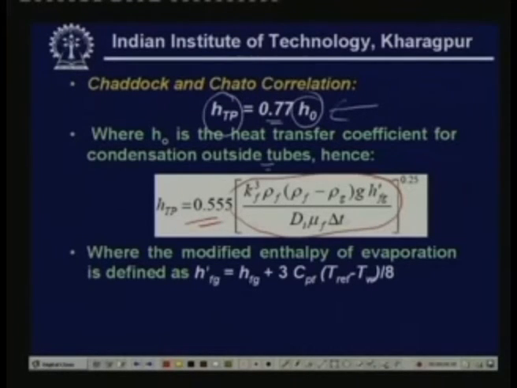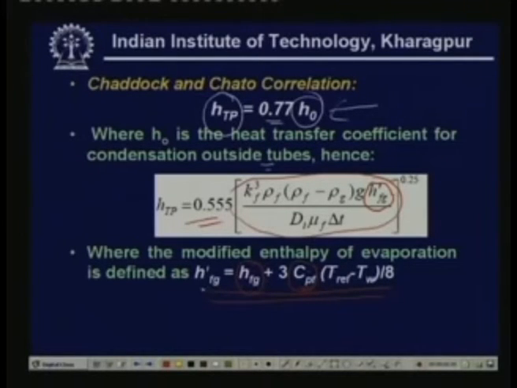This is similar to Nusselt's correlation, with the difference that instead of the latent heat of vaporization, a modified enthalpy of evaporation is used in the Chaddock and Chato correlation. That is defined by this: the modified enthalpy of evaporation h prime subscript fg is equal to h_fg, which is the latent heat of vaporization, plus 3 Cp_f, where Cp_f is the saturated specific heat of the liquid, multiplied by (T refrigerant minus T wall) divided by 8.